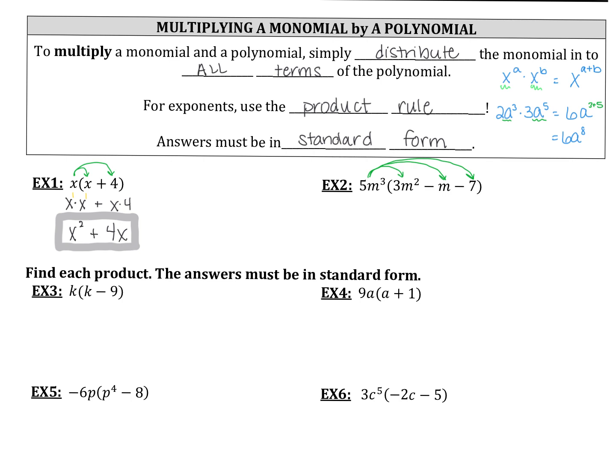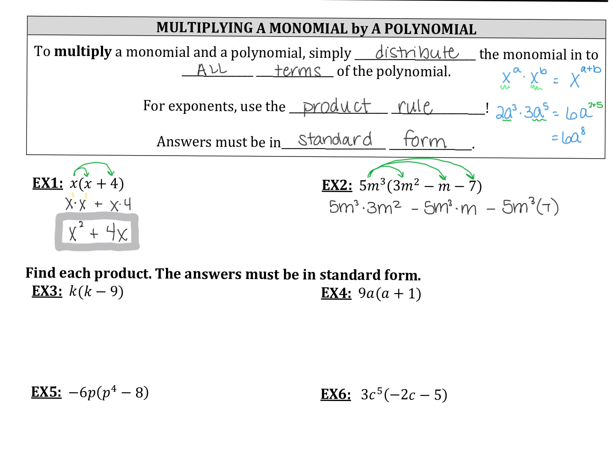If I were to write out the step of the multiplication, it would look like this: 5m cubed times 3m squared, minus 5m cubed times m, minus 5m cubed times 7. And you could put parentheses, you could put a dot. It doesn't really matter. I happen to put parentheses this time.